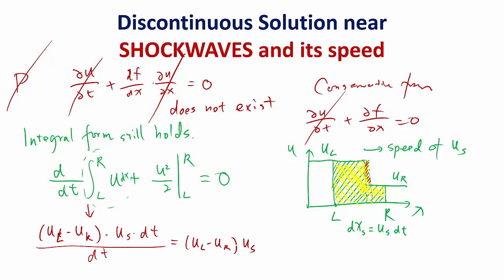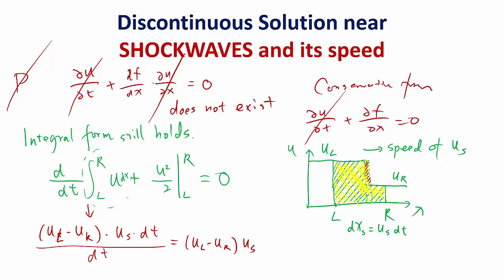And this formula is actually generally true if you make the regions small enough. If you take L and R to be in the region very, very close to the shockwave, so L is immediately to the left of the shockwave and R is immediately to the right, then between L and the shockwave the solution is almost constant at UL, and between the shockwave and R the solution is also a constant, UR.